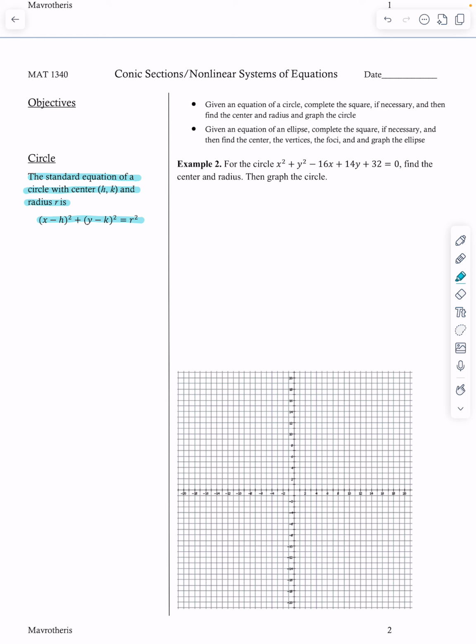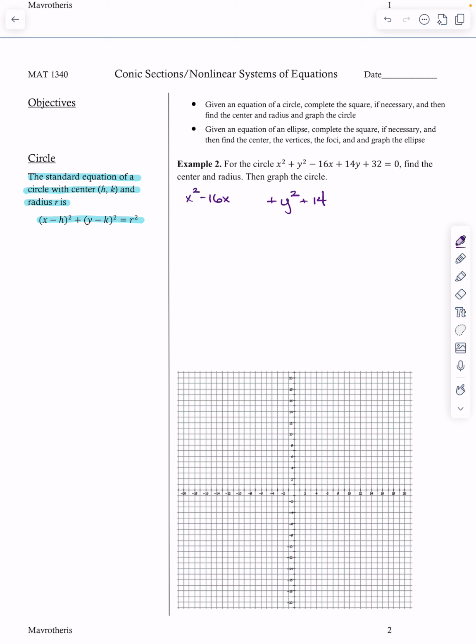Okay. So we are going to start with something we haven't used a whole lot, and that is completing the square. I am going to start by reorganizing this. So my x terms are together, and I'm going to leave a little space, and my y terms are together.